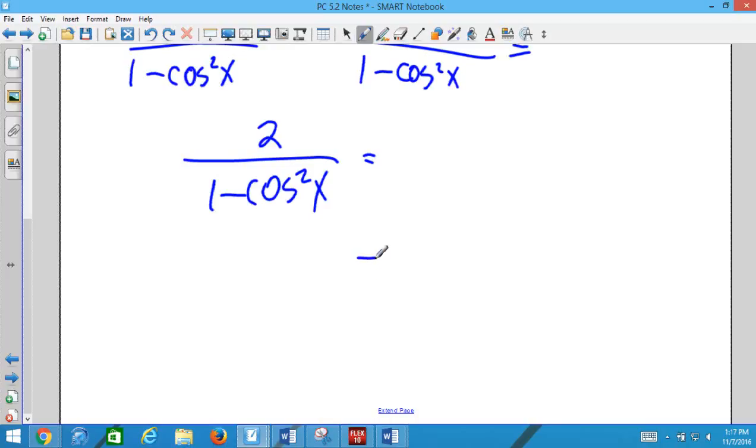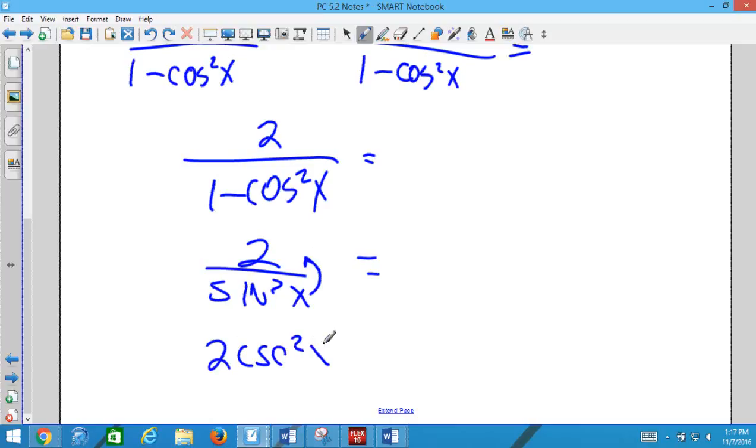So we take this and say it is 2 over sine squared x, which is the reciprocal of what we're trying to get. We're trying to get 2 cosecant squared x, right? So sine squared x is the reciprocal. So if I just move it up, then I will get 2 cosecant squared x. And then it is equal, and I am done.